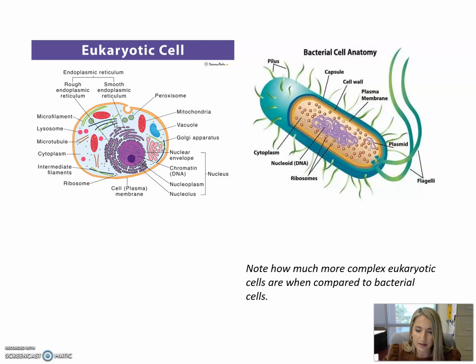And then over here, a bacterial cell, which is a prokaryotic cell, does not have any membrane-bound organelles. They have their genetic material here within the cytoplasm, but it's not encased in any type of membrane, so it's not a nucleus. And they have some ribosomes, but internally, they're much less complex than what we would see with a eukaryotic cell type.